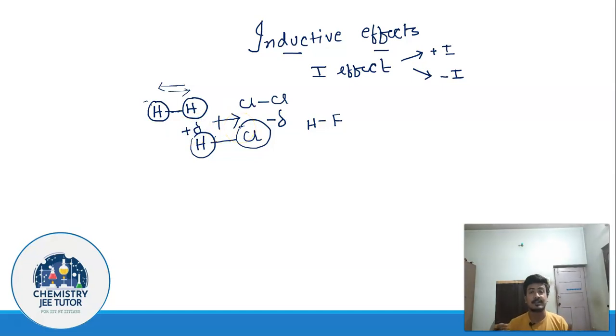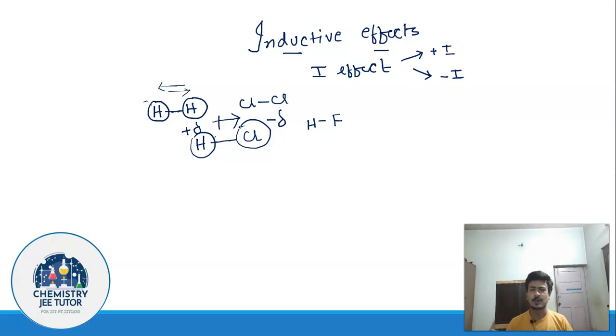Remember this, the electron cloud is only partially drifted towards the more electronegative atom. There is no complete bond cleavage. The bond has not been broken. It's just that the electron cloud is now drifted towards the more electronegative atom, and that's why the more electronegative atom attains a delta negative charge and the electropositive one attains a delta positive charge.